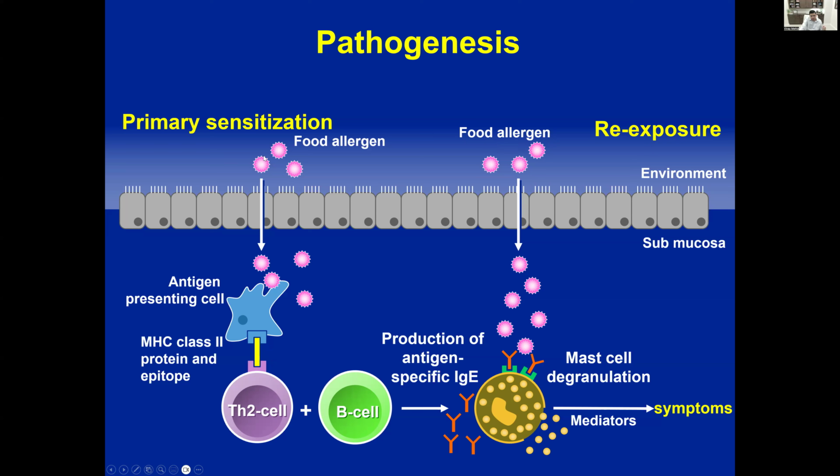So the sensitization occurs primarily through the skin. The re-exposure occurs predominantly orally. You then have mast cell degranulation. If you have binding of the food antigen to the IgE specific antibody, you get cross-linking, mast cell degranulation, and that's what causes symptoms.